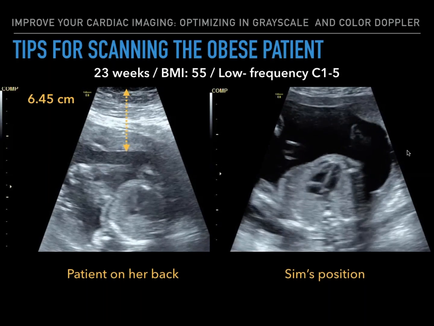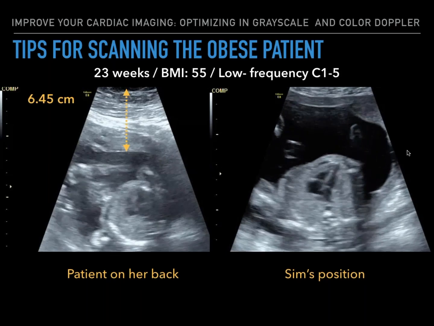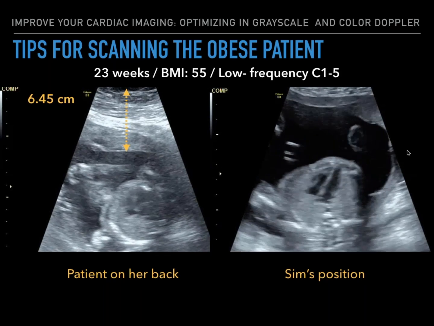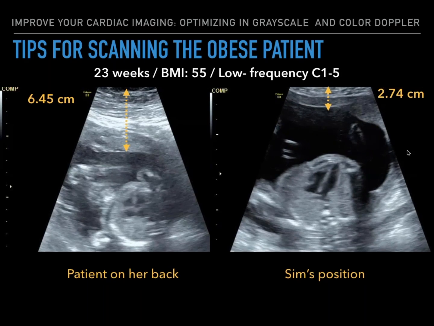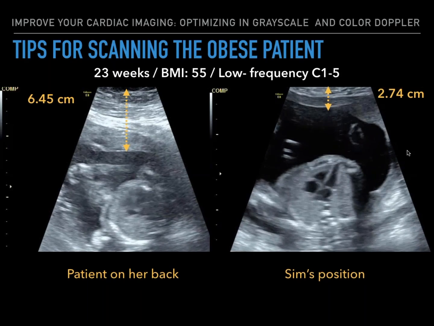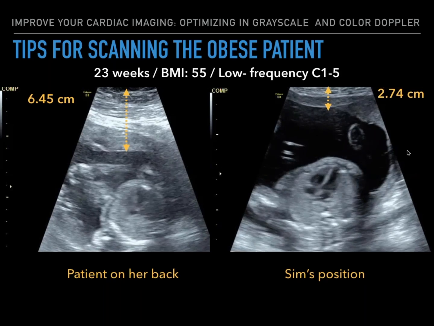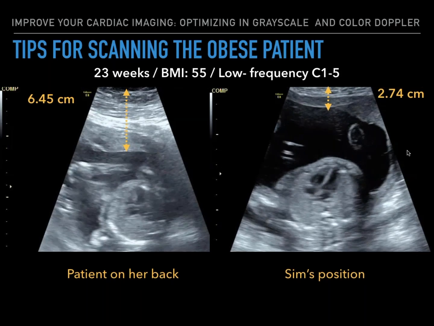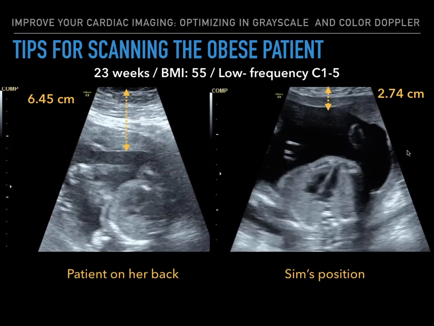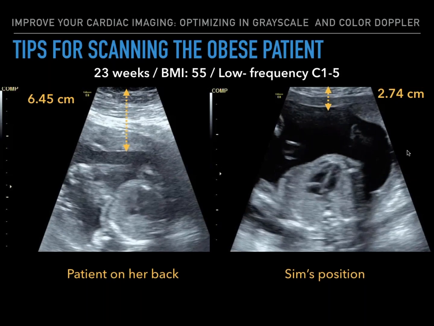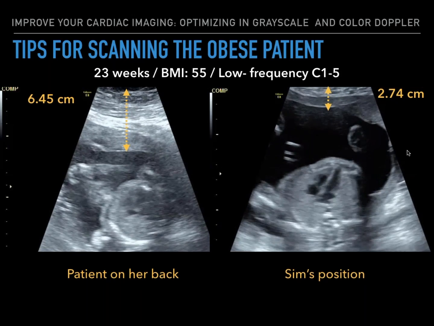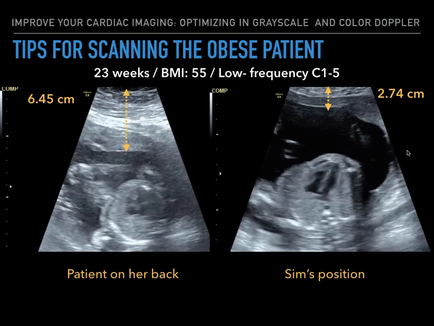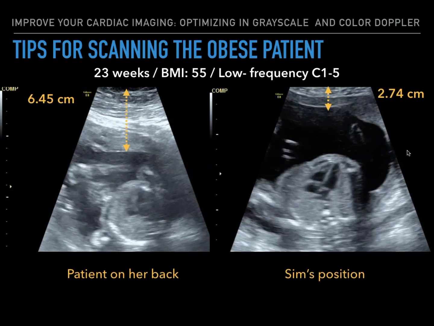But when we have the patient turn over towards her left-hand side in Sims position, now we have a decreased imaging depth of 2.7 centimeters. And here you can clearly tell the difference, how beautiful the heart looks in comparison to the first clip. So it's very important to utilize these techniques, especially when scanning the obese patient, to produce the best optimal images.